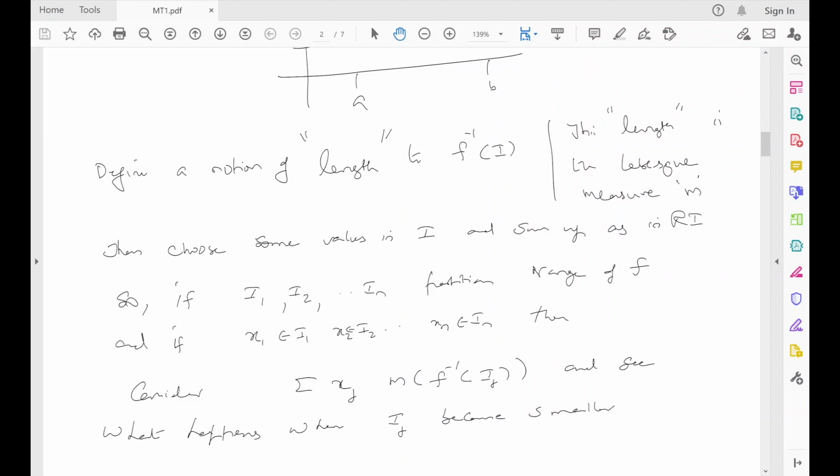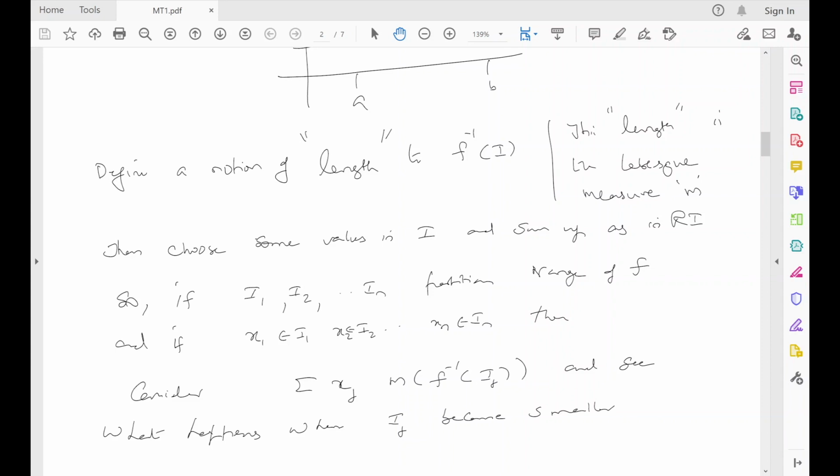And then Lebesgue did exactly what Riemann did: choose some values in I and sum up as in the Riemann integration. So you have this f inverse. So if I1, I2, ..., In, etc. partition the range of f, and if you choose points x1 in I1, x2 in I2, etc., then you can consider a sum, summation of xj.